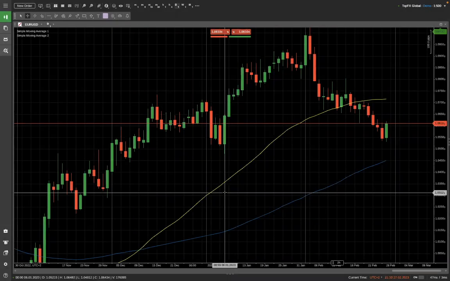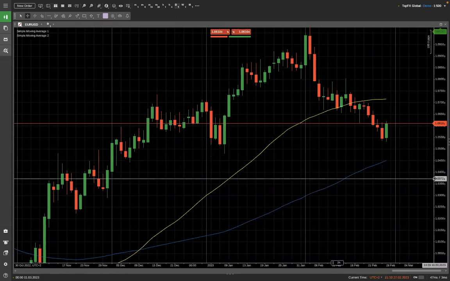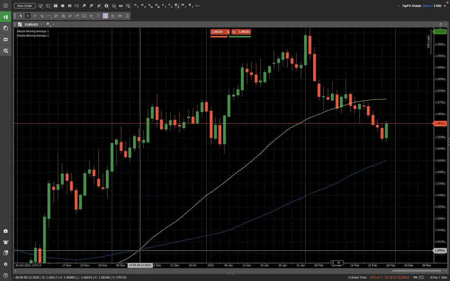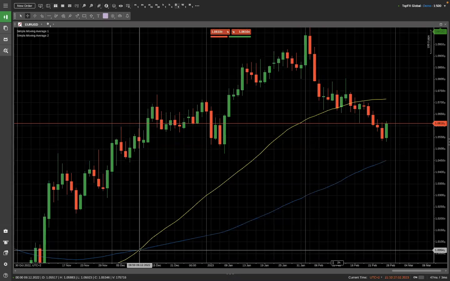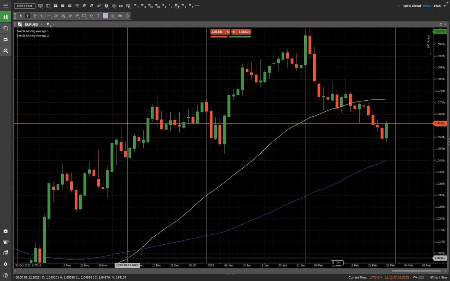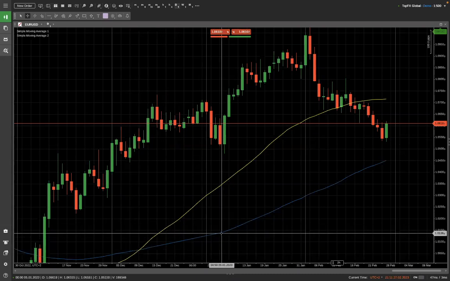If we apply the yellow moving average, which is a 55 days moving average, you can see clearly that there is a cross between the 55 days and the 100 days moving averages. This cross is very important for market participants, traders, and speculators, because it means that the simple moving average of 55 periods is crossing to the upside the slower moving average, which is 100 periods.